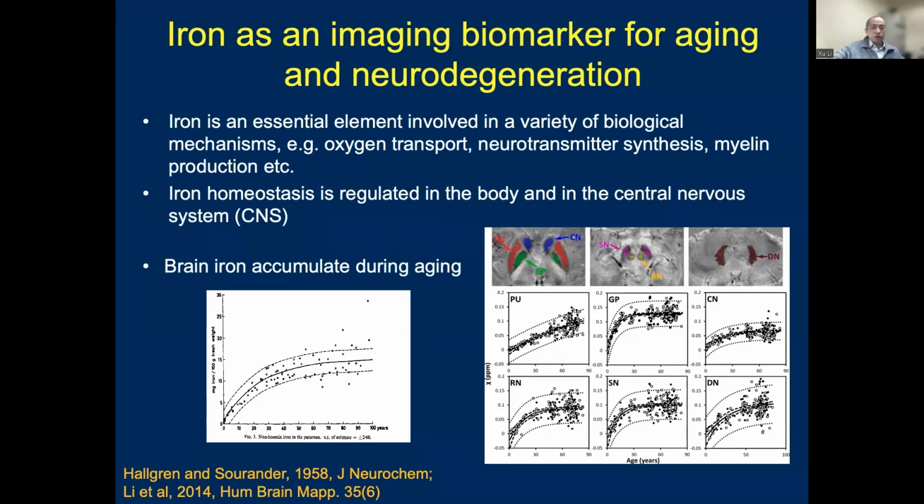Iron is also known to be closely related to aging and neurodegeneration. In our brain, the iron will progressively accumulate as we get older. This has been well documented in the early 1950s, and also confirmed later in MRI measures using QSM.